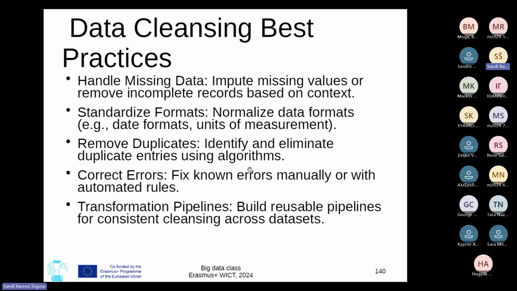You want to remove duplicates. Duplicates can cause issues when you're creating models later on, and duplicates get generated really easily. Again, if you find an error, either drop the row, or fix them. If you don't have a lot of errors, you can let them be fixed manually, right?